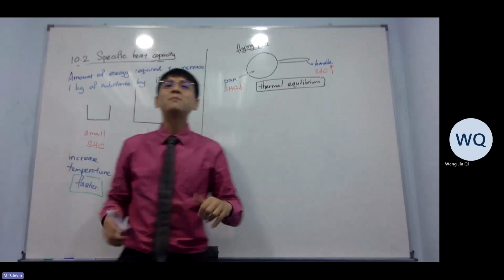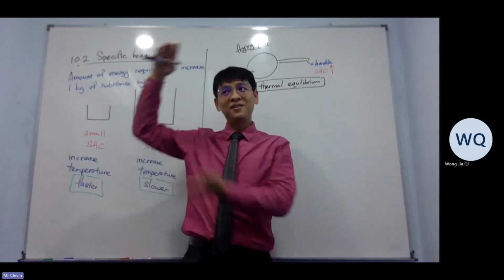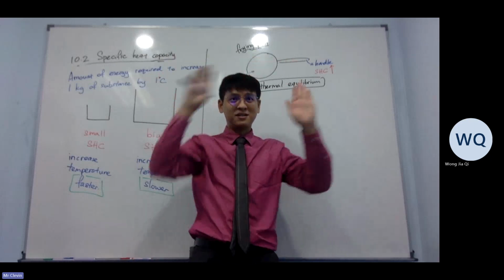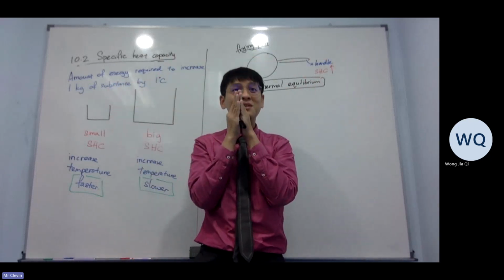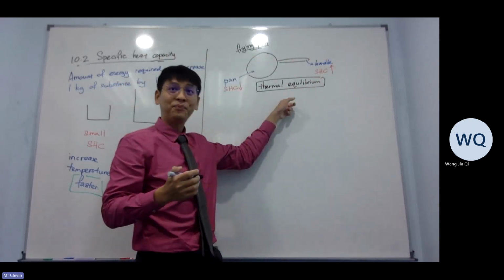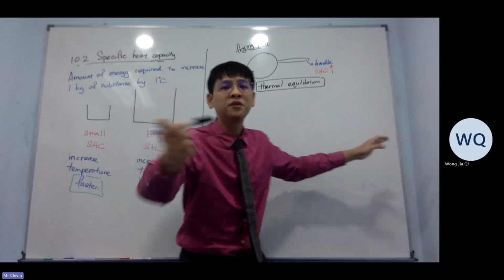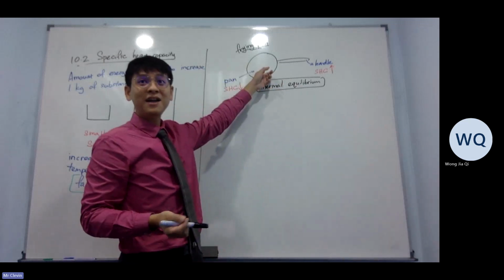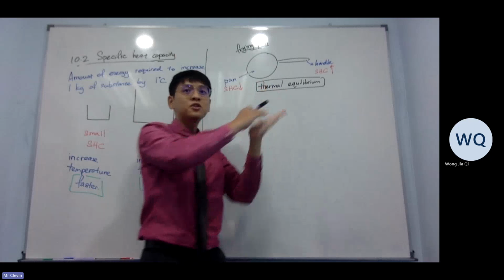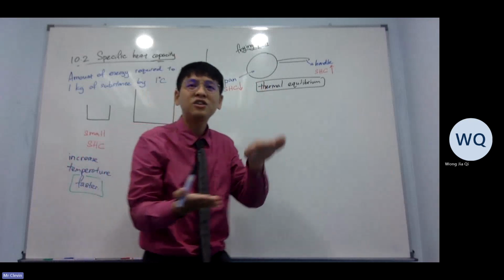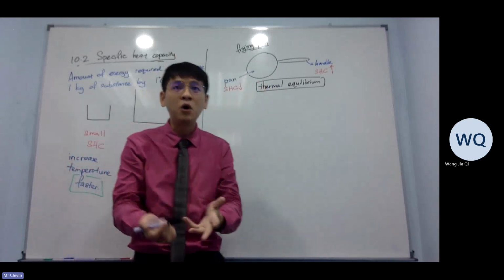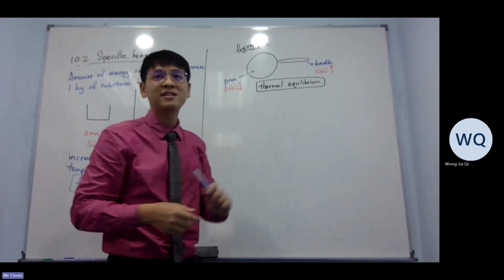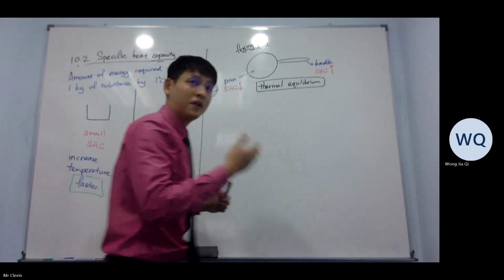Okay. Thermal equilibrium simply means that when I join 100 degrees Celsius and 0 degrees Celsius, it becomes 50 degrees Celsius. So to cook the food, I heat up the pan, and I put the food on it so that the pan transfers the heat to the food. That's how they cook the food. That is what we call thermal equilibrium.